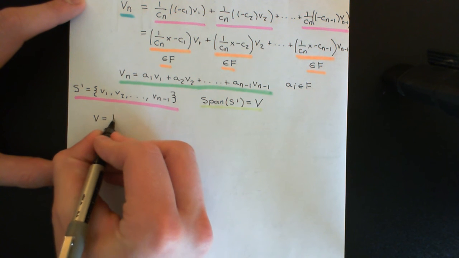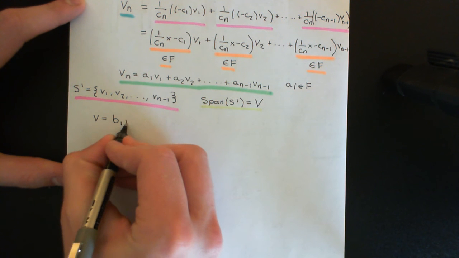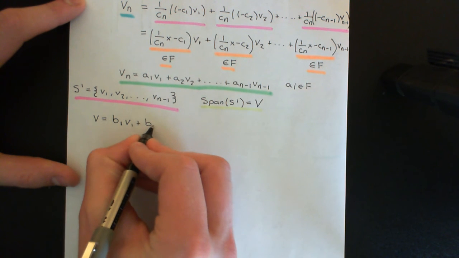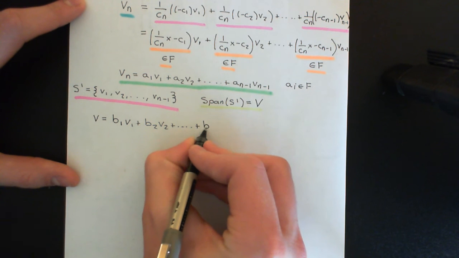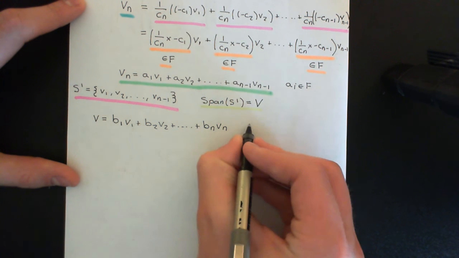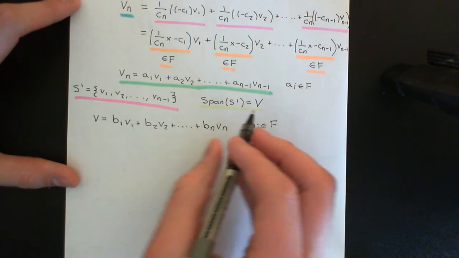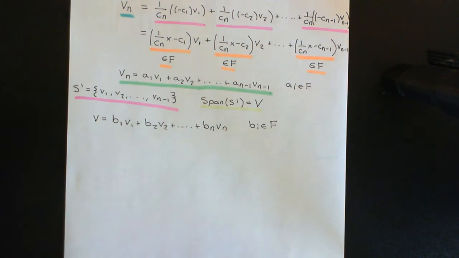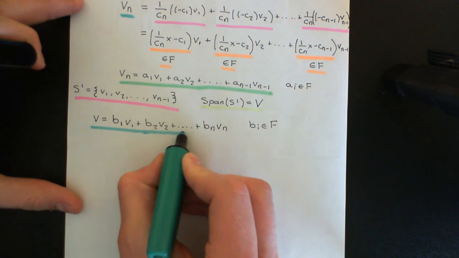What symbol shall I use? I'll use b's. So I could write v as b1 times v1 plus b2 times v2 plus all the way up until bn times vn, where again these bi's are elements of the field capital F. So that's just applying the fact that the set capital S spans the entire vector space.